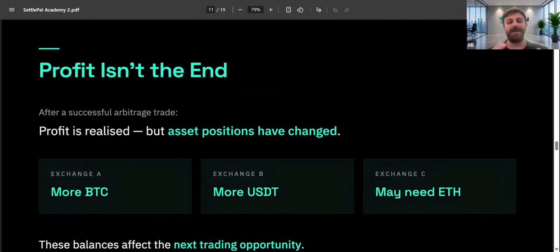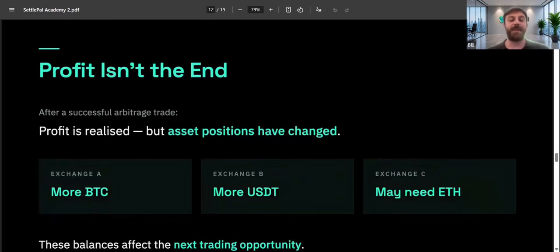Imagine that after a trade, exchange A now holds more Bitcoin, exchange B now holds more USDT, and exchange C may require more Ethereum. Now, the profit has been realized, but capital is now positioned differently, and those positions affect the next trading opportunity.